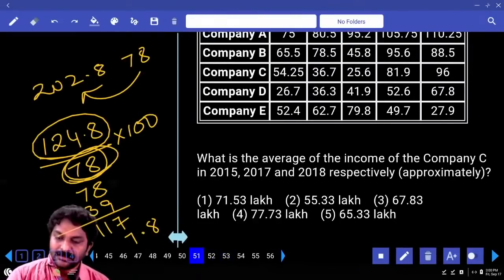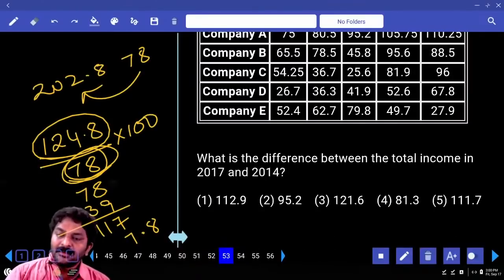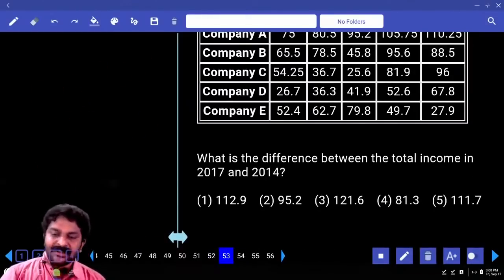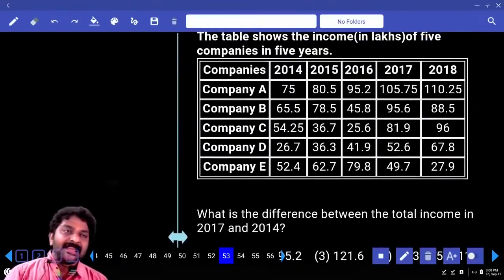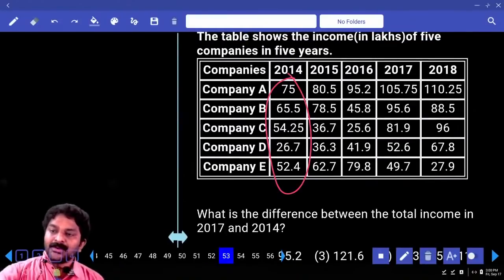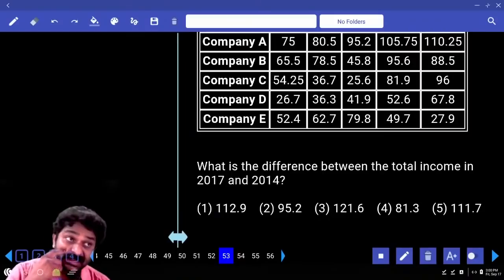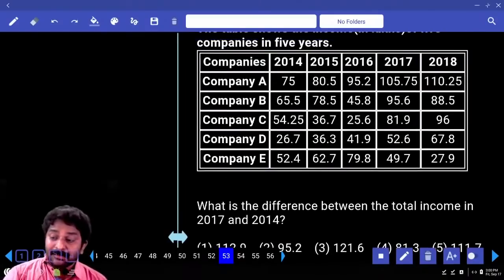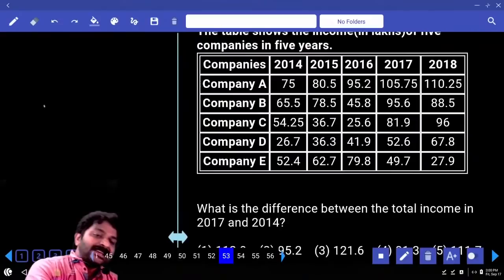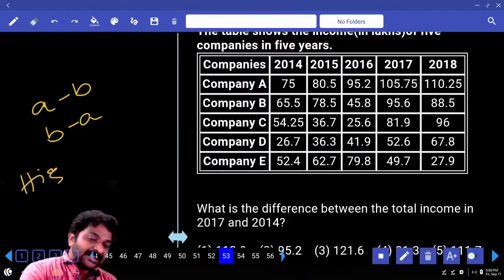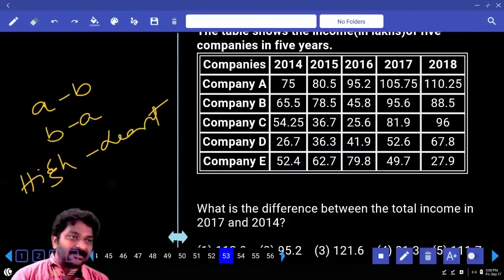Next. What is the difference between total income in 2017 and 2014? Year specific. 2014 and 2017. Numbers after the decimal are different only. When it is about difference, it may be A minus B or B minus A. You are supposed to consider highest number minus least number.